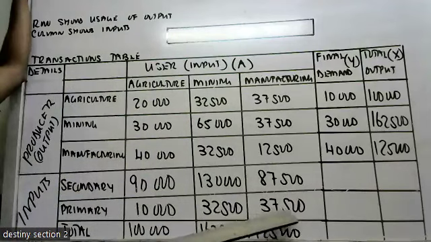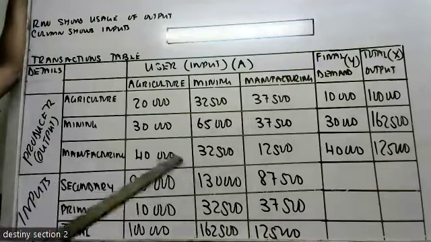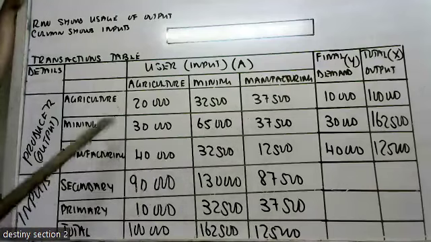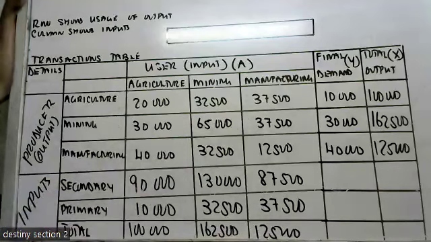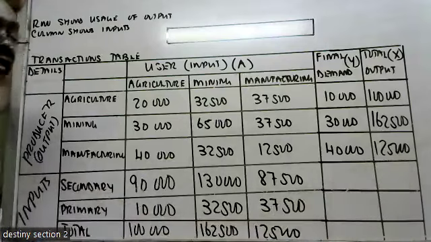And that 7,500 is the input to manufacturing that has come from outside these three sectors. And 125,000 is the total input to manufacturing, so that manufacturing was able to produce 125.